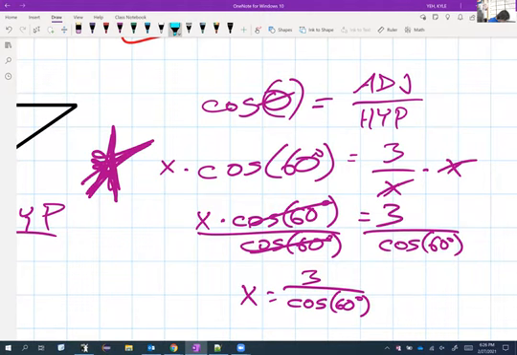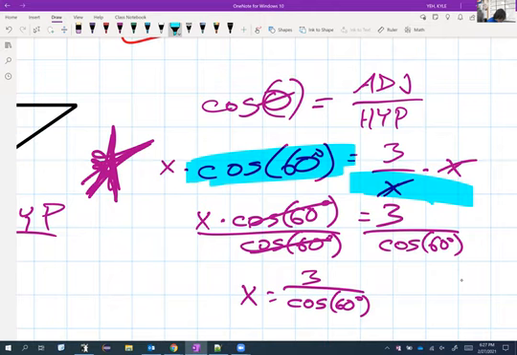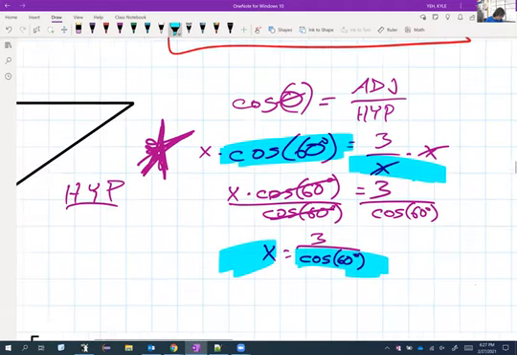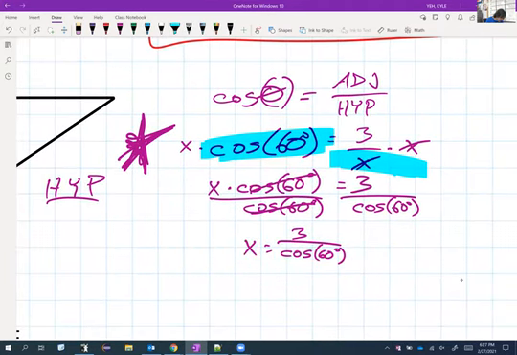Notice how, from our original, cosine 60 and x just switched places when all was said and done. The x came up to the other side, the cosine 60 divided down. So that's kind of how I will think about it. I'll probably on future problems say, okay, multiply the x up, divide the cosine 60 down, and hopefully you will know what that means. So x equals 3 over cosine of 60 degrees.